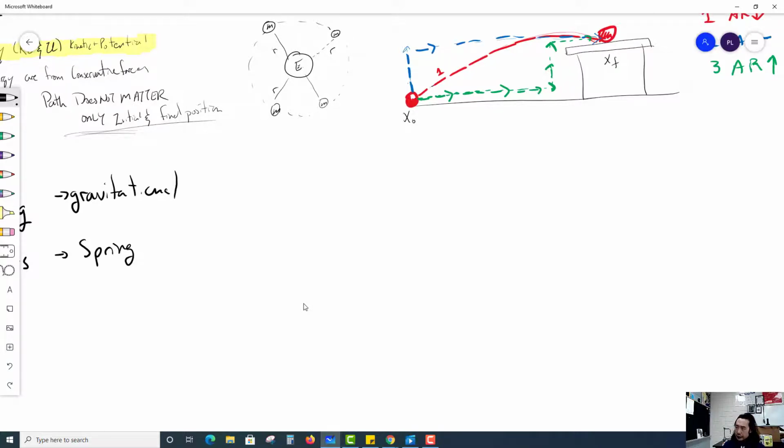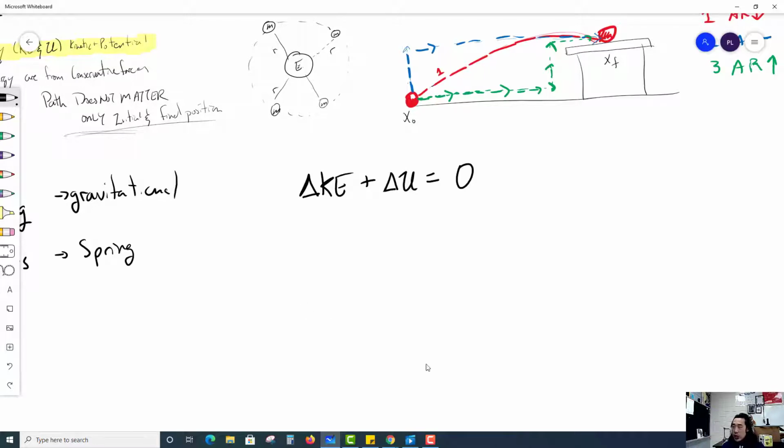So we can say that our change in kinetic energy plus our change in potential energy, as long as there are no outside forces, has to be 0, right? So the energy can't change. The total mechanical energy cannot change.